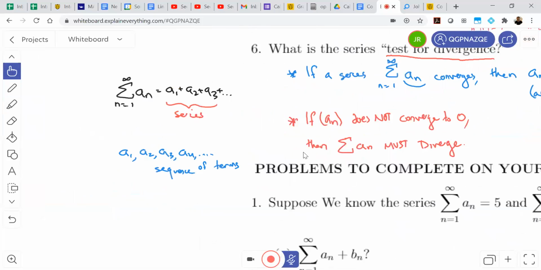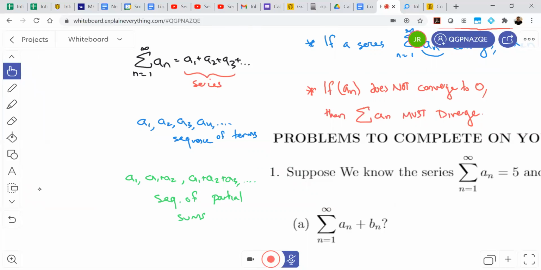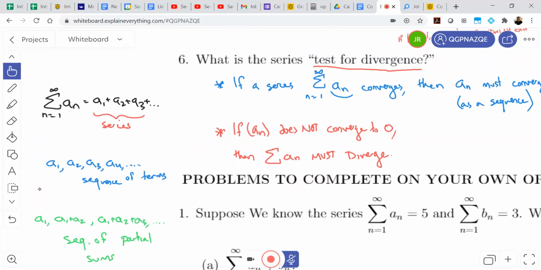And that's not to be confused with our sequence of partial sums. So we also had the sequence a1, and then a1 plus a2, so the second partial sum, and then a1 plus a2 plus a3, and so on. This was our sequence of partial sums. So we used the sequence of partial sums to determine whether or not a series converged, but the test for divergence is slightly more straightforward than that.